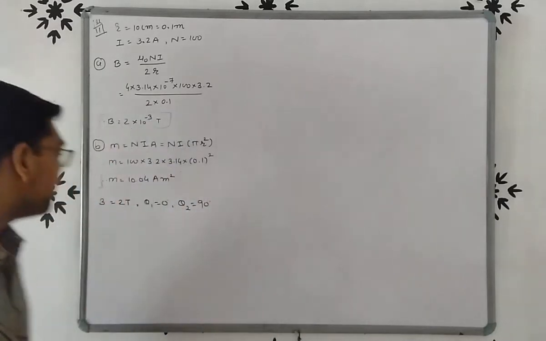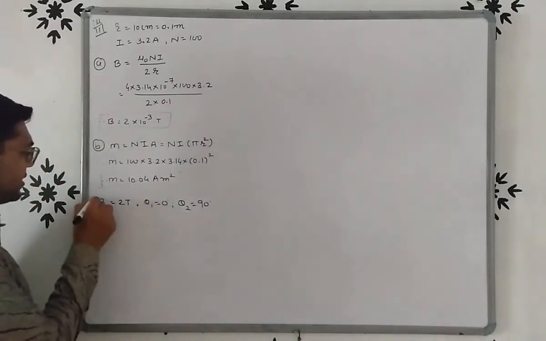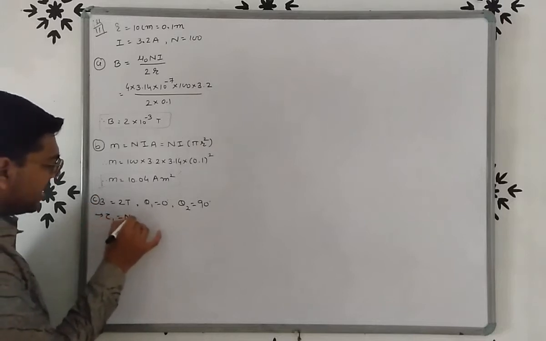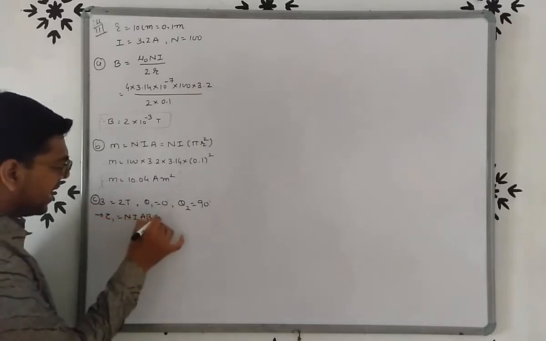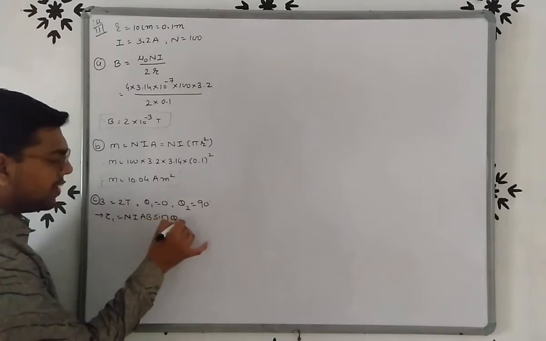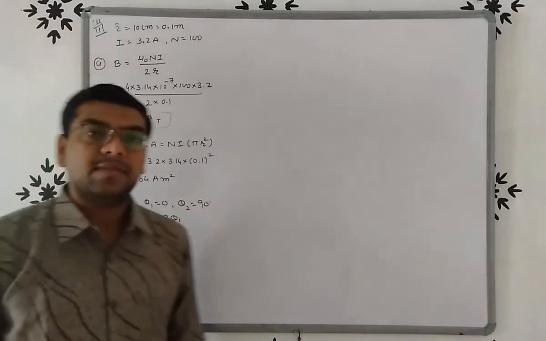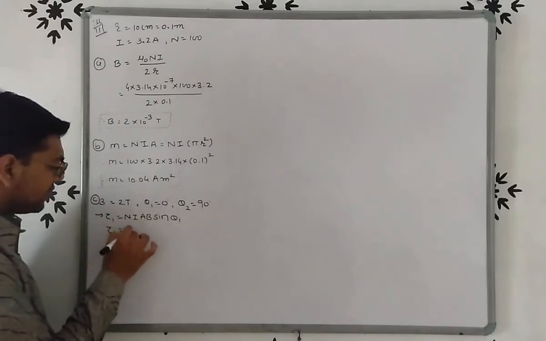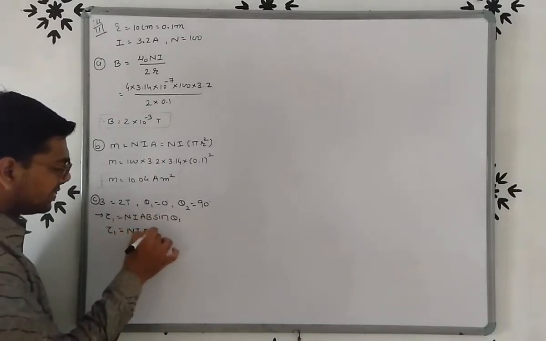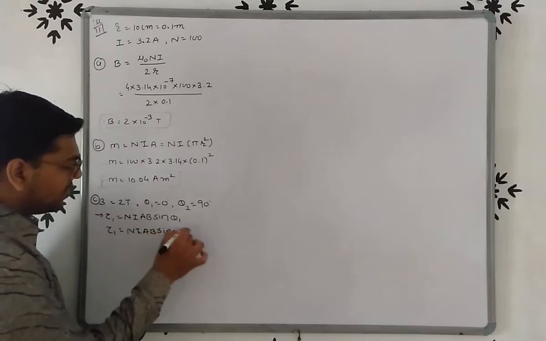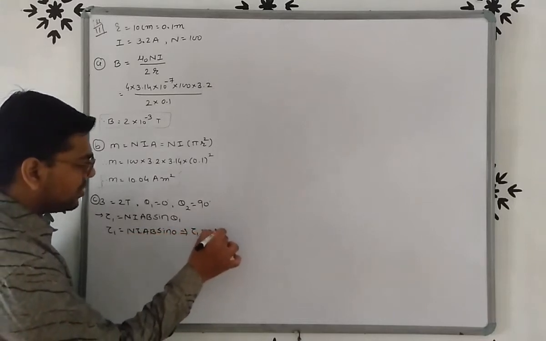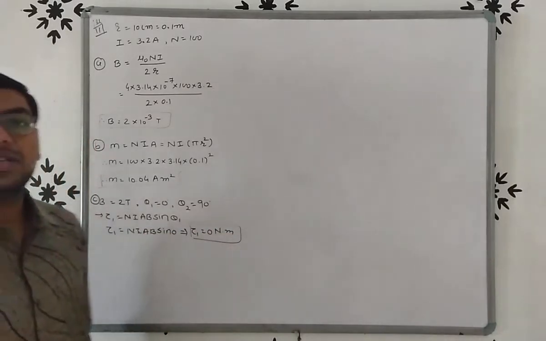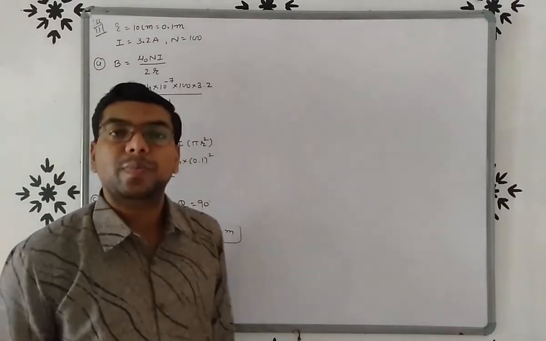So see here, this is C. Initial torque tau 1 is equal to NIAB sin theta, but in the initial condition theta 1 is 0. So tau 1 is equal to NIAB sin 0. We know that sin 0 is equal to 0. So the initial torque is equal to 0 Newton into meter.